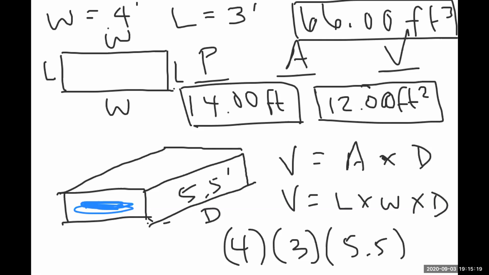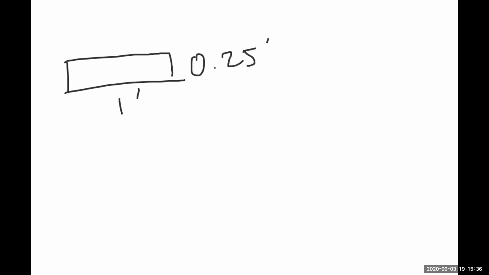A slot drain can typically be 1 foot by 0.25 feet. Let's say the depth is, let's keep it the same, 5.5 feet.